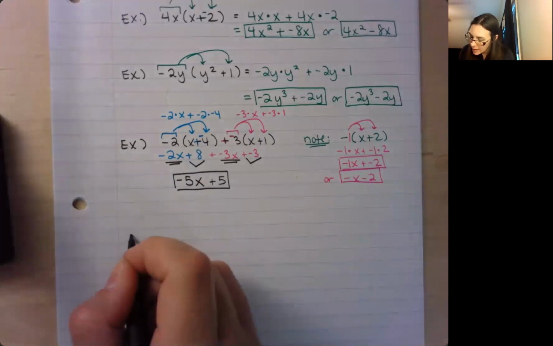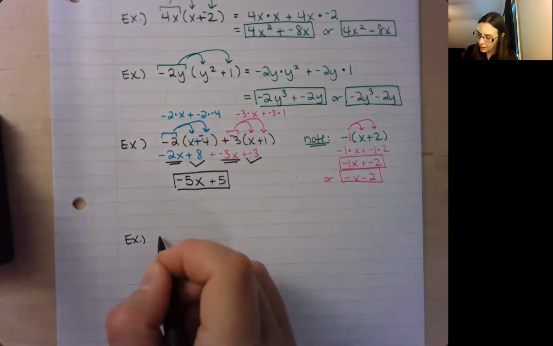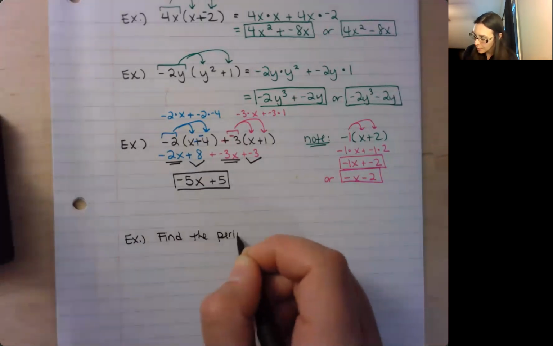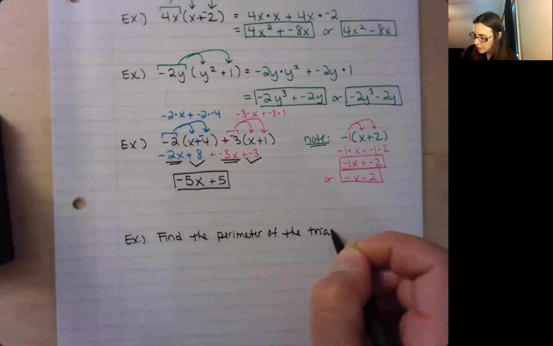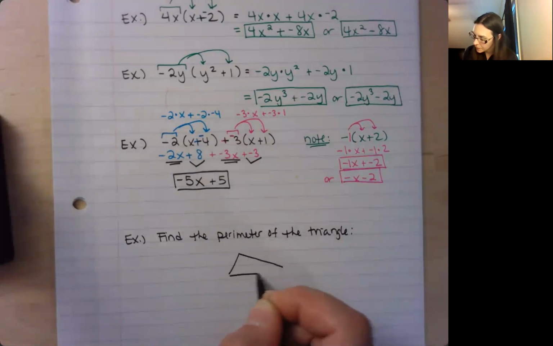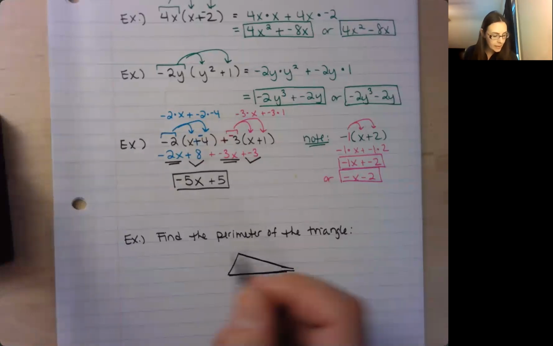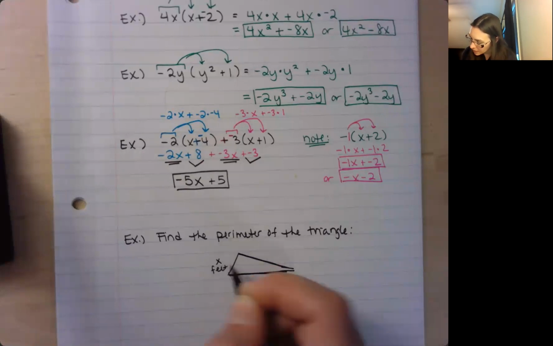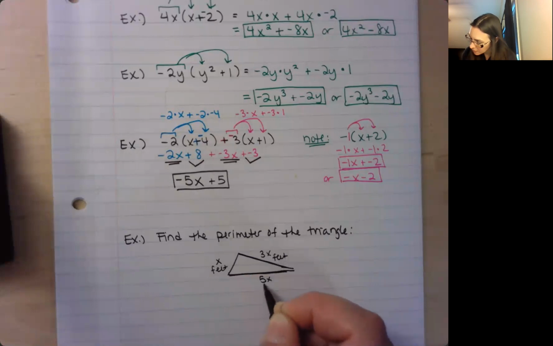All right, let's do one last example with an application this time, or a couple applications. So how about we find the perimeter of the triangle. So maybe I have a triangle here. And maybe this side is x feet, and this side is 3x feet, and this side is 5x feet.